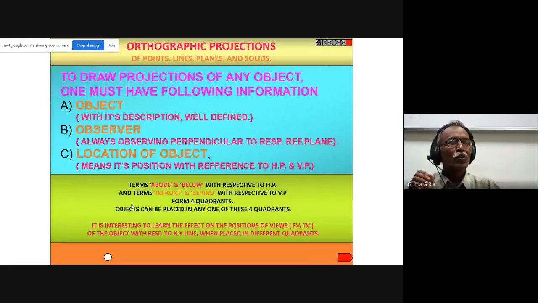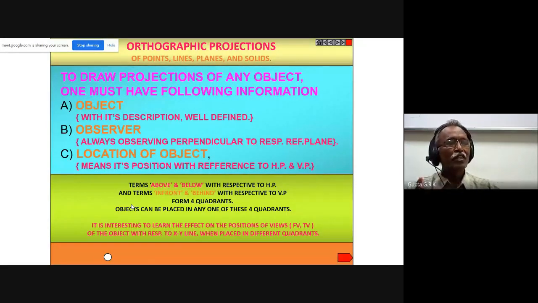So we know the position of the front view with respect to XY if I know the object's position with respect to the horizontal plane. Above, above; below, below. It is easy to remember, right? For an object above HP, front view above XY. Object below HP, front view below XY. On the HP, on the XY. It's very easy. And coming to the vertical plane, it can be in front of or behind.